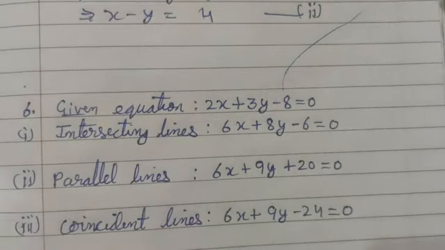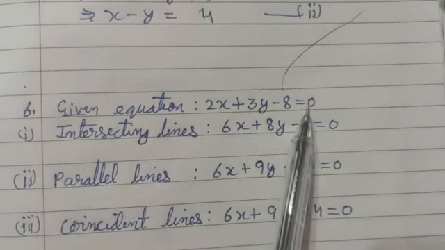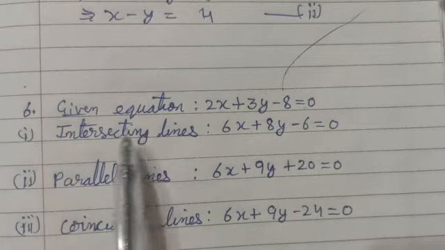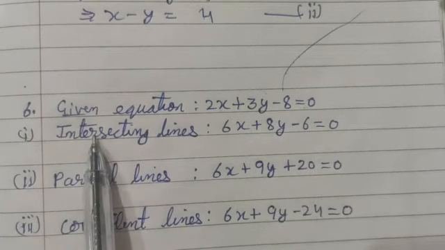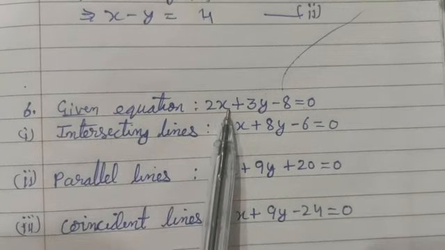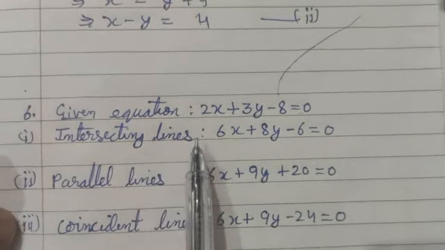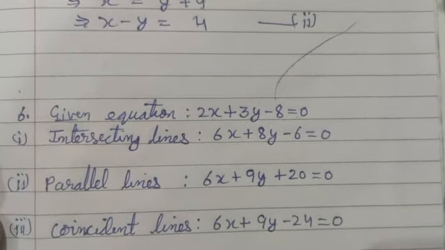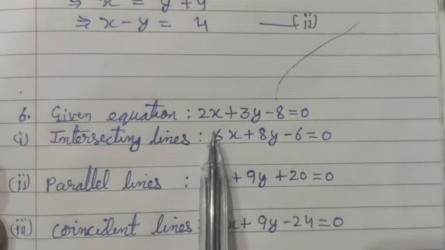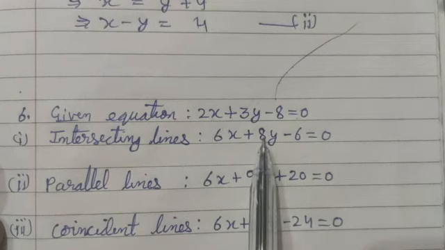Now in question number 6, the equation 2x plus 3y minus 8 is given to us, and we have to find the equations which form intersecting lines with the given equation. Intersecting lines means that a1 upon a2 should not be equal to b1 upon b2. So we can take any coefficients of x and y such that a1 upon a2 is not equal to b1 upon b2.